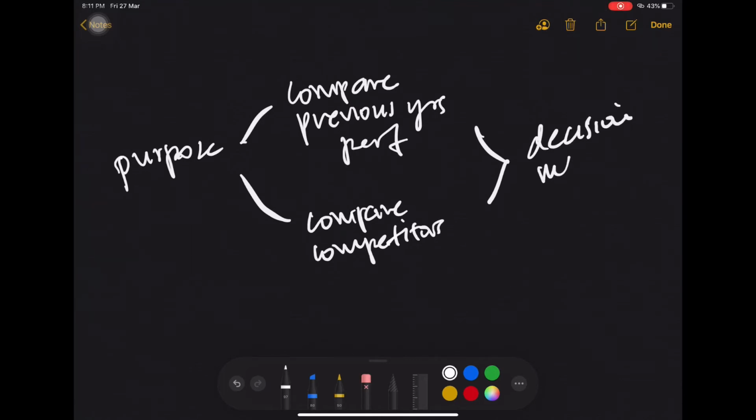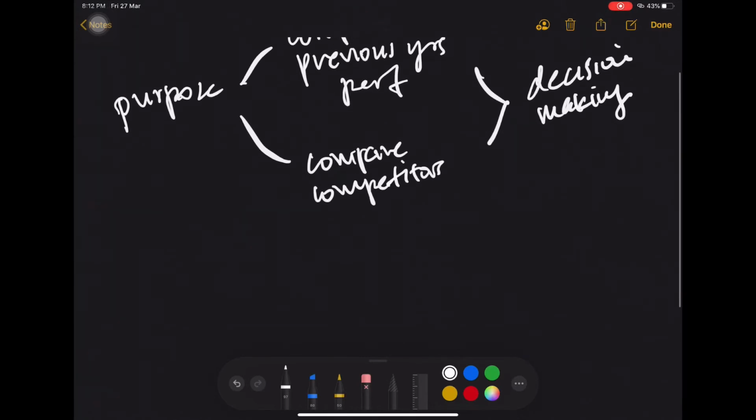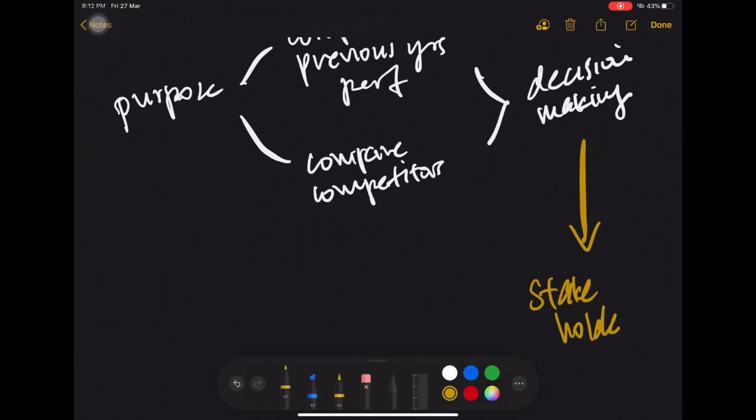So if you recall when you started learning POA, you will know that you have to analyze, you have to know your business well in order for you to do decision making. Okay, so then who are the people who want to make decisions for your business? And then I hope you remember what are stakeholders, or who are the stakeholders.